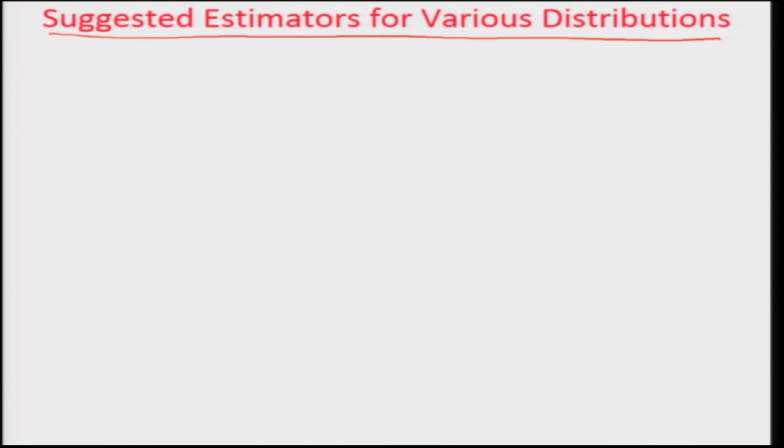I will give you some examples of commonly used distributions. For the Poisson distribution, which is for the number of arrivals, the parameter required is alpha, or sometimes lambda.